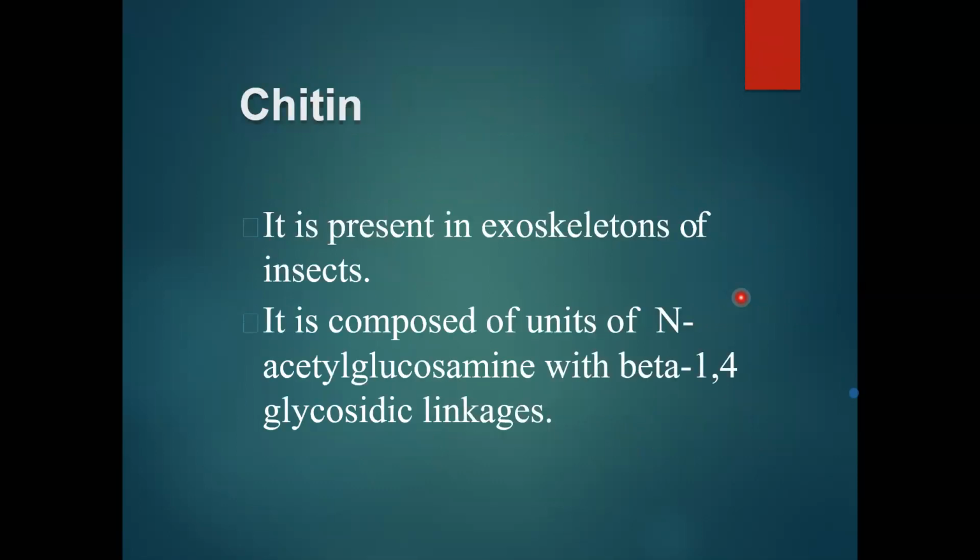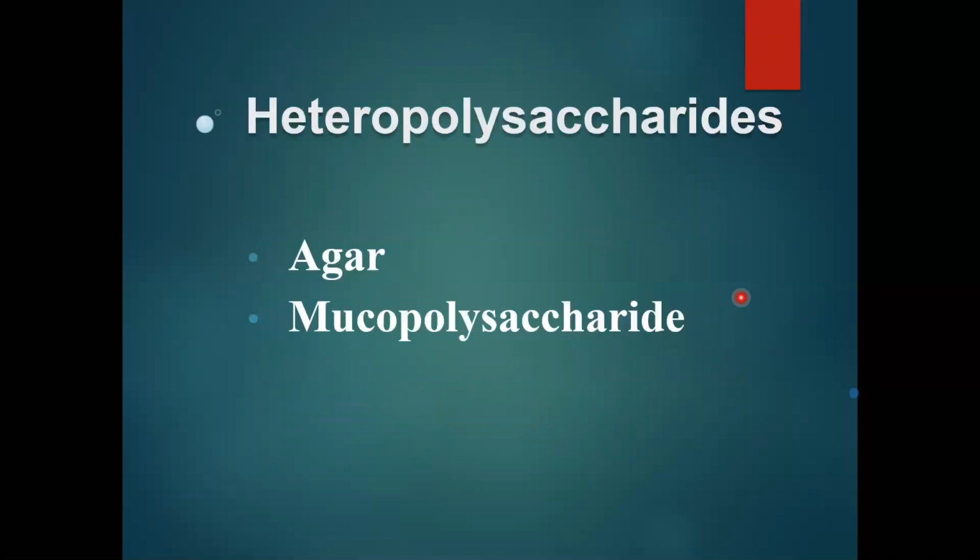Coming to chitin, chitin is the most common heteropolysaccharide present in the exoskeleton of insects, composed of N-acetylglucosamine with beta-1,4 glycosidic linkages. And then we have heteropolysaccharides, agar and mucopolysaccharides.